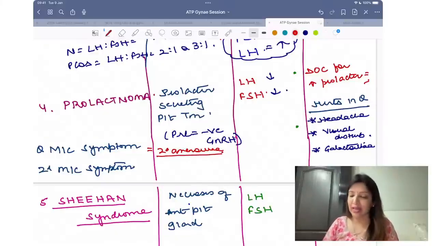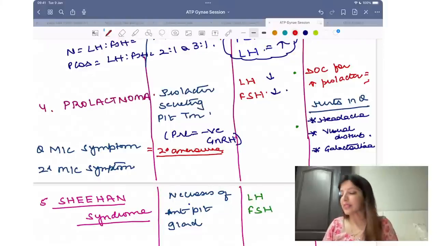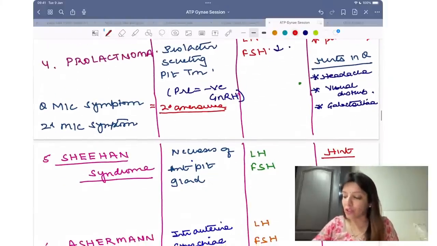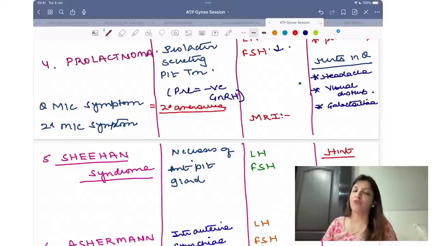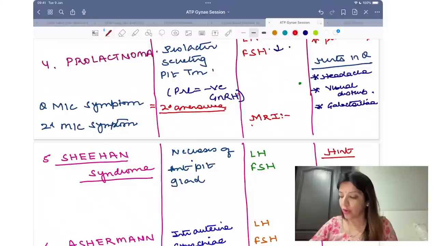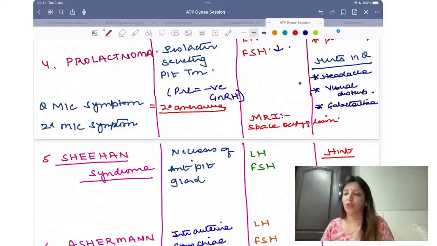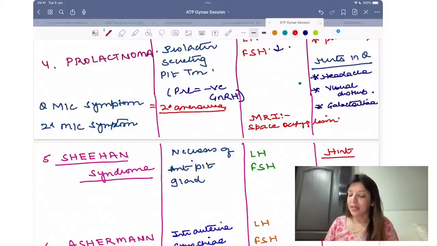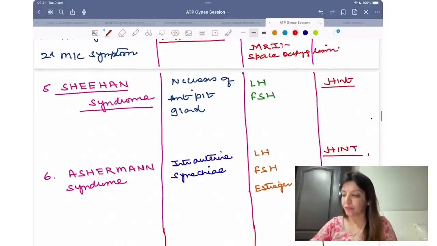Secondary amenorrhea, that's the most common symptom of prolactinoma, right? Then when I do MRI in a patient of prolactinoma, I am going to get a space occupying lesion, right?